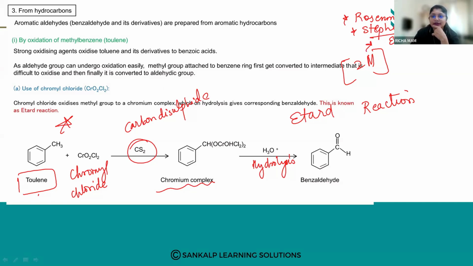First, read it twice or thrice, and then write and practice the reactions. First read the reactions and understand them, then write them by seeing the reaction, and then write the reaction without seeing. So this is another name reaction, the Etard reaction.